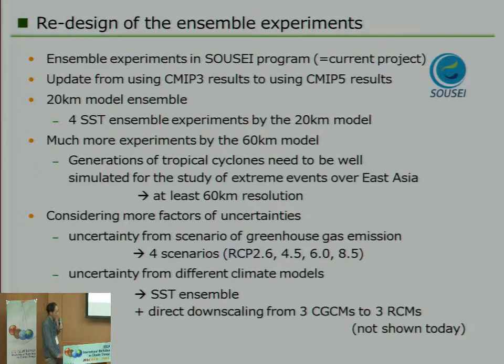And also we consider uncertainty from different climate models. A large part of the uncertainty can be covered by the SST ensemble experiments, but not all of it can be covered.